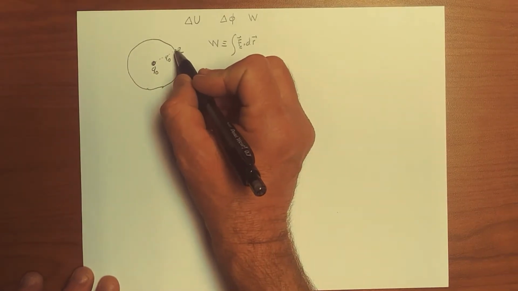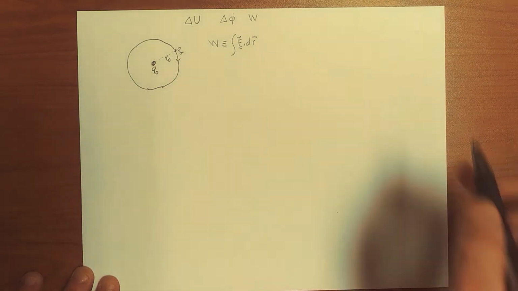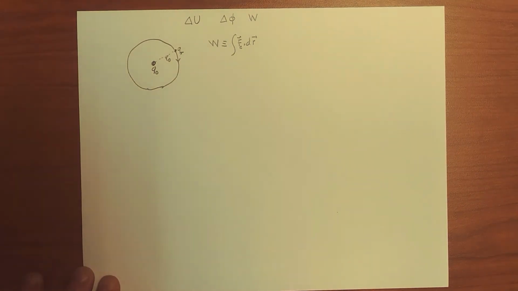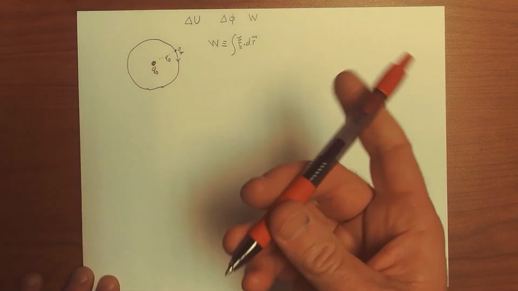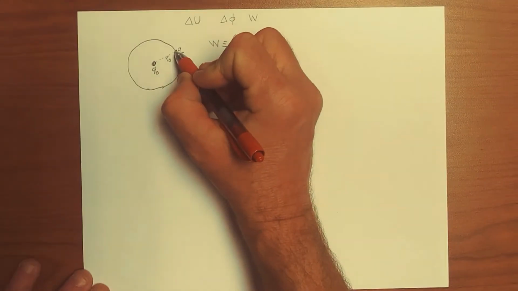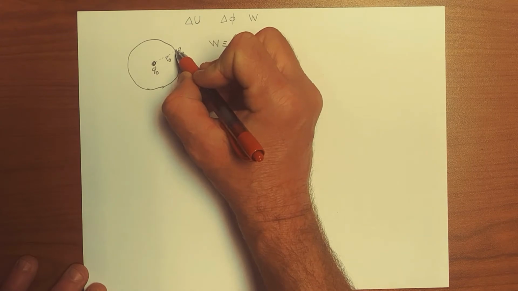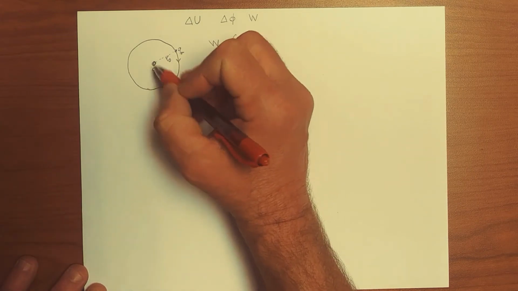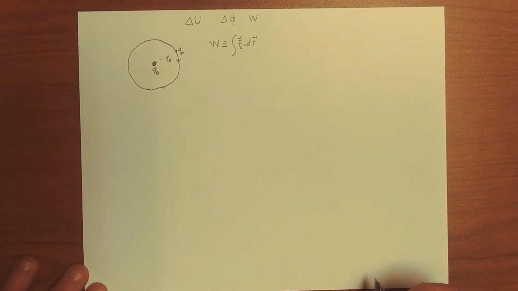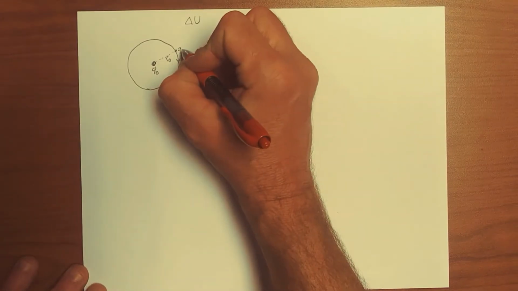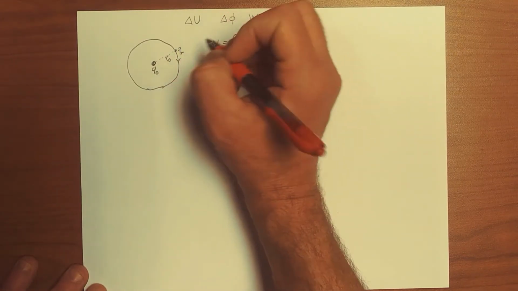So both of these particles are positively charged. So we know that the electric field is pointing radially away from the particle of charge Q naught, but the electric force is also pointing that way.